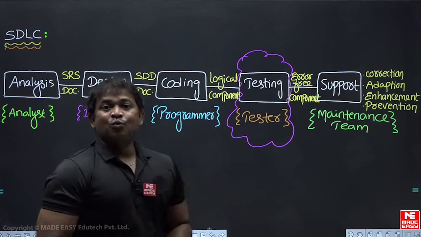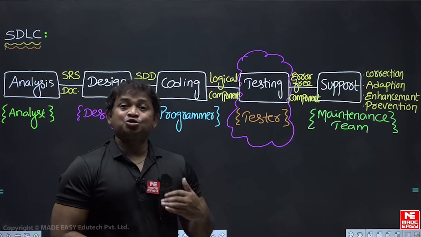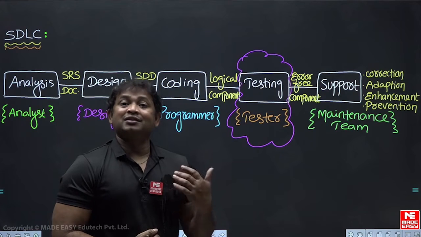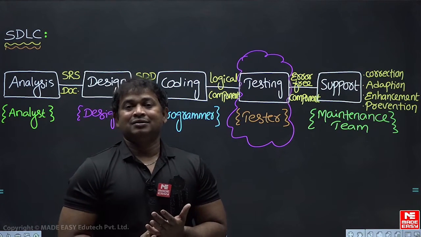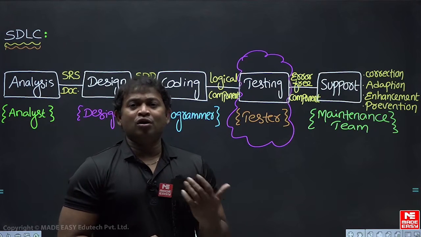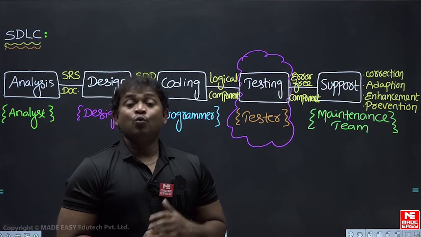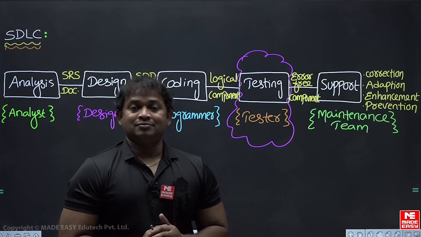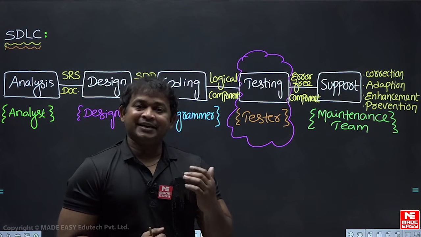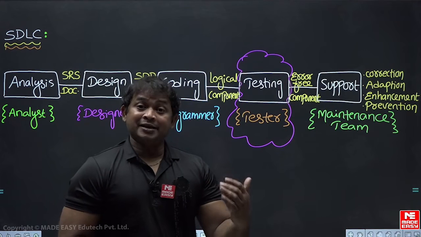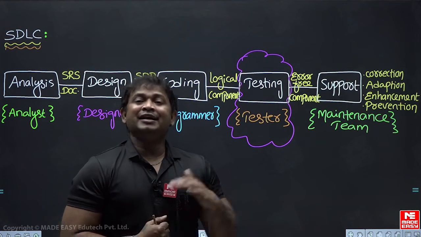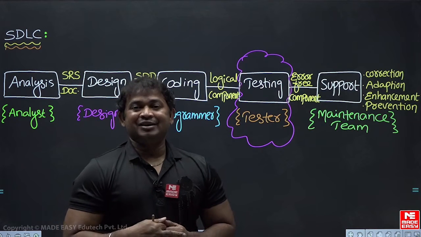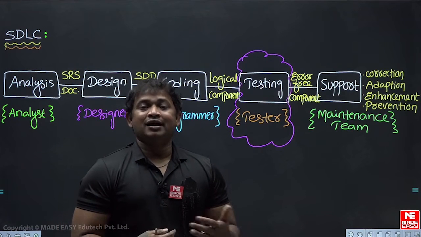What are the different testing strategies used in the testing stage to cover the errors? Then what is the goal of a tester? What is the objective of a tester? What are the different testing strategies present in software testing? Later, we are going to decide what robustness testing is in software.